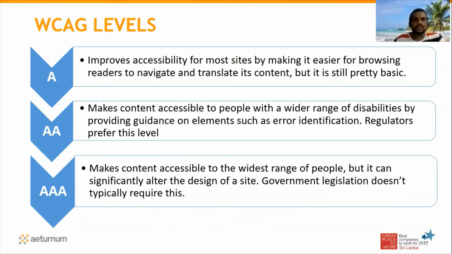I mentioned this earlier: this is the most recommended one, double A. And going to triple A makes content accessible to the widest range of people, but it can significantly alter the design of a site. So government legislation doesn't typically require this, because we have to change the interfaces too. All right, let's move on.